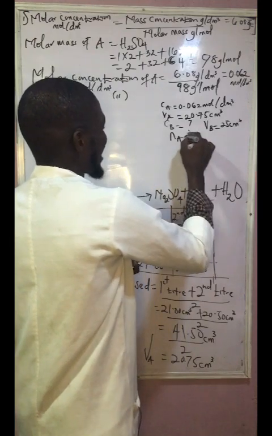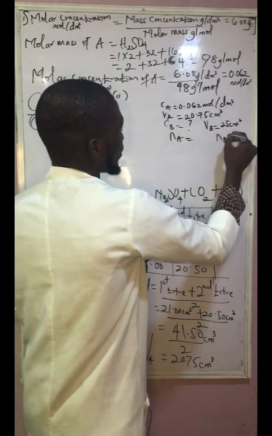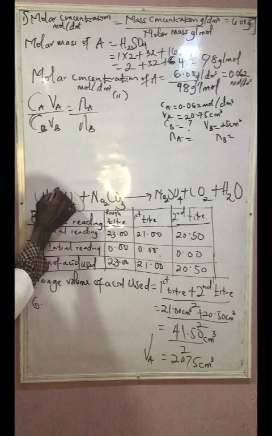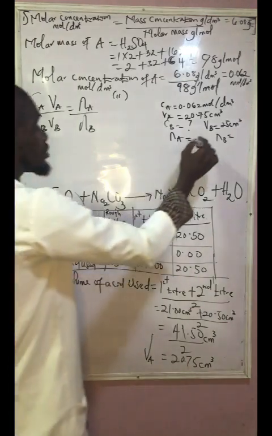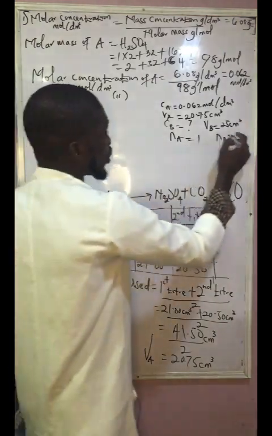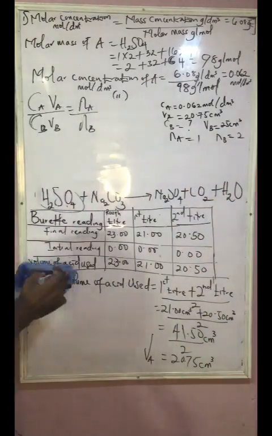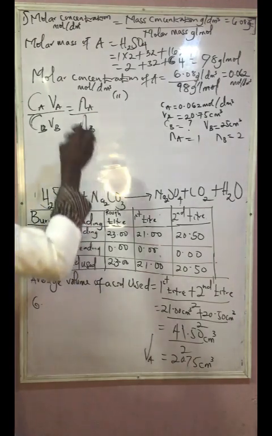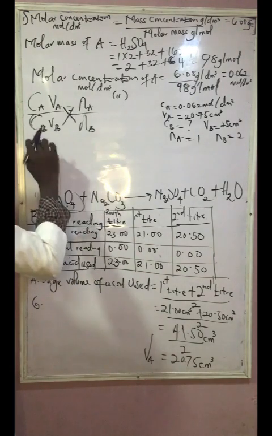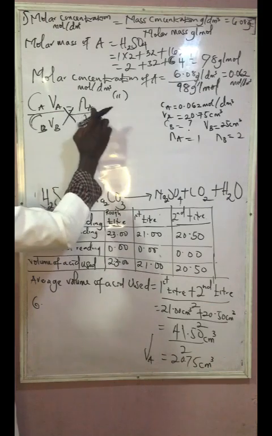Our NA, NB. So let's check now. What is the number of mole here? Class, we have 1. For the base also, we have 2. Are you with me now? So we have all the parameters out there now. So by doing that, let's substitute for this.